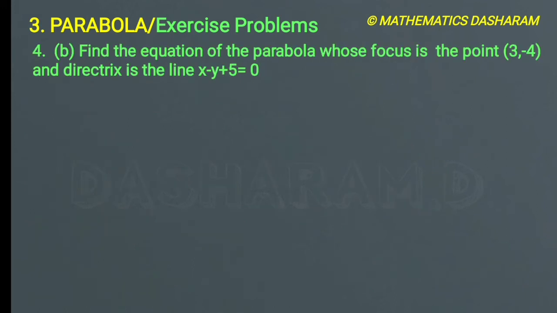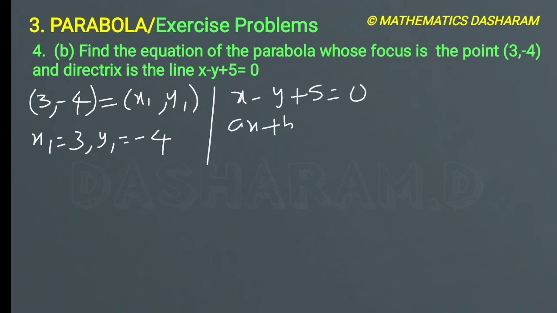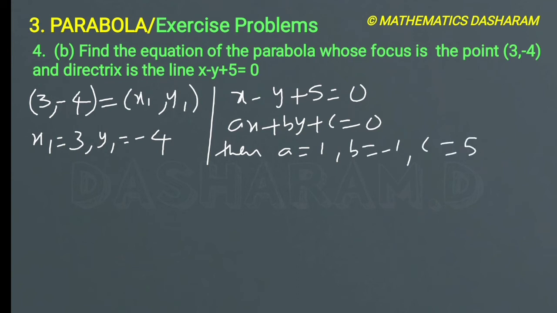Next question number B, find the equation of a parabola. So here the given focus is (3, -4). So compare with (x1, y1). So then x1 is 3, y1 is -4. Given line is x - y + 5 = 0. So compare with ax + by + c = 0. So then a value is 1, b value is -1, c value is 5.